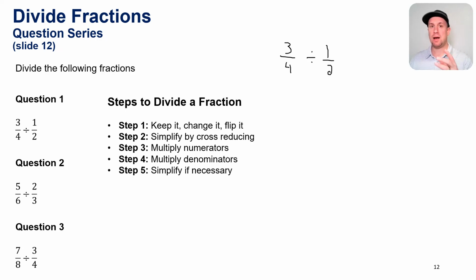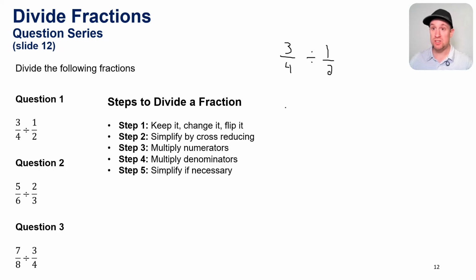But this process uses step number 1, which is more of a mnemonic, really a shortcut kind of understanding of what to do here, where we are going to keep the left side fraction. We're going to change the division symbol to multiplication, and then we're going to flip or find the reciprocal of the right fraction. Keep it, change it, flip it.